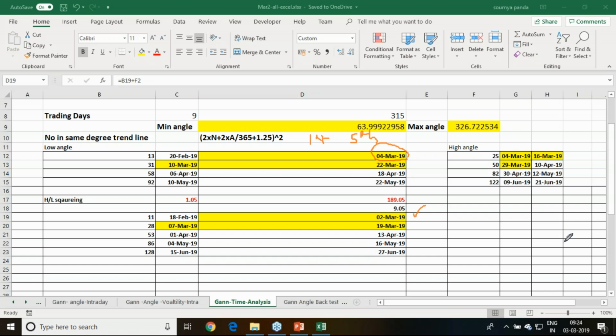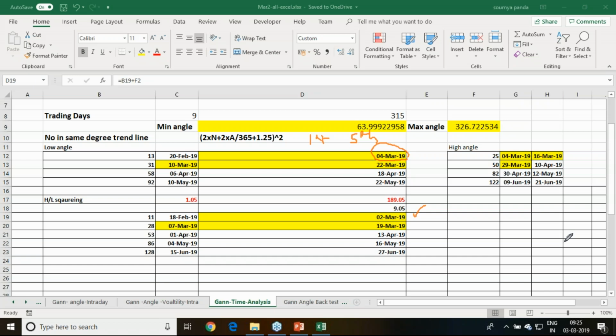So 7th March is not a holiday. 7th March is a working day. So you may expect a trend reversal on the 6th March. 6th March also you can expect a trend reversal. So for that, to know what will be the trend for the 6th March, the 5th March closing is important.